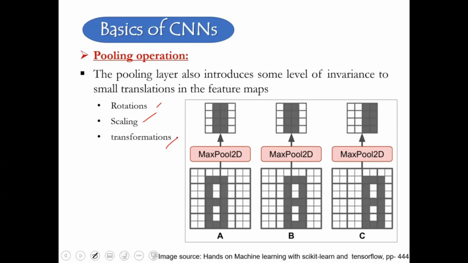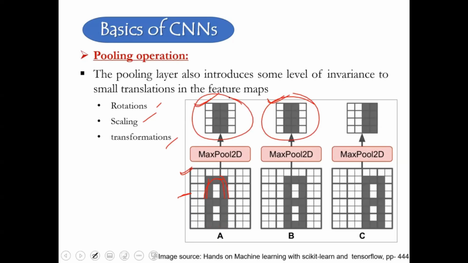Suppose this is the original image, so this is the pattern. From that image we applied max pooling and we got this one. This is the pooled feature map of A. Now in B, this feature is shifted one position to the left, but the pooled feature map is the same as the previous one.